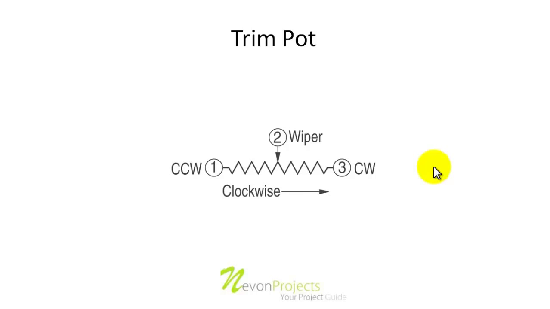How they work is that one terminal is connected to the power supply, the third terminal is connected to ground, and the variable terminal where we want variable voltage is connected to the second pin. So on the second pin, by varying the position, we can get various voltages from 0 to the maximum value that we have on pin number 1.